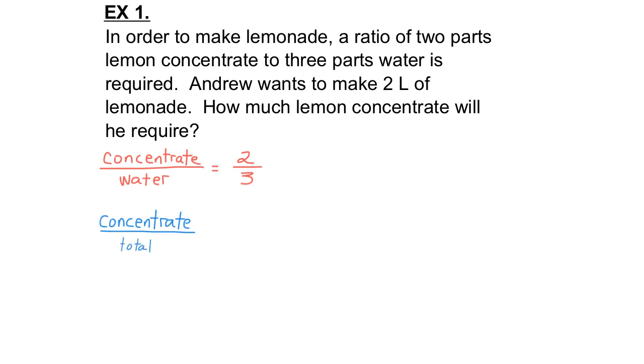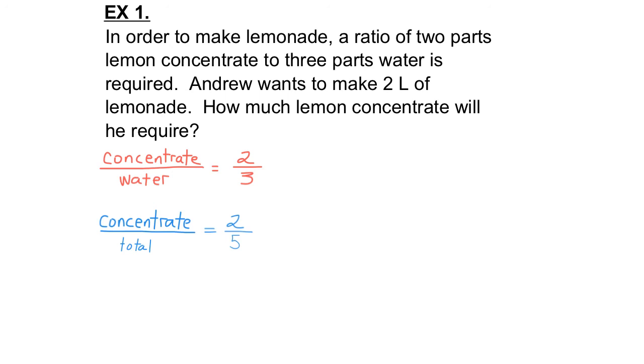I'm going to use the same value for the concentrate, 2, but the total amount of lemonade is the concentrate plus the water. So if I'm adding the 2 parts concentrate plus the 3 parts water, that's a total of 5 parts. So my ratio of concentrate to the total amount of lemonade would be 2 to 5.